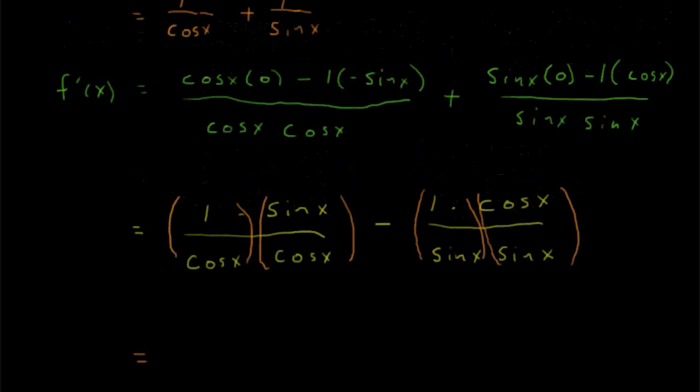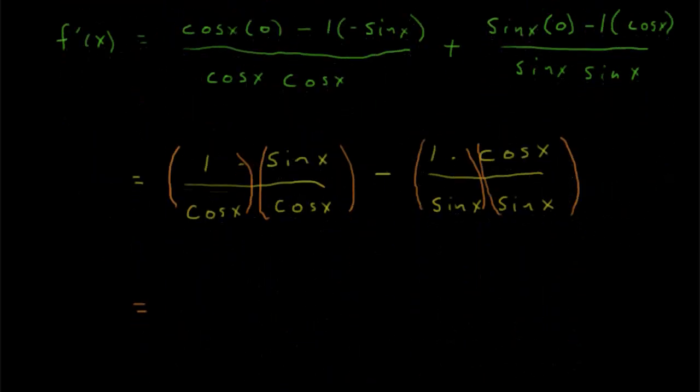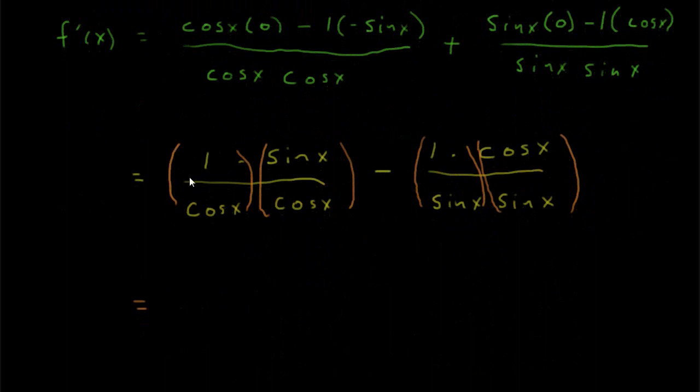Just up above, when we were reviewing our basic trigonometric functions, secant x was 1 over cosine x, 1 over sine x was cosecant x, and tangent was sine over cosine x. It might also be helpful to put in what the cotangent of x is equal to. That's cosine x over sine x.